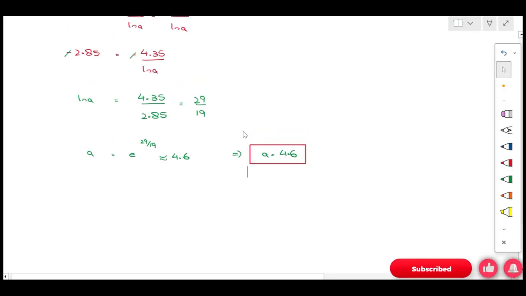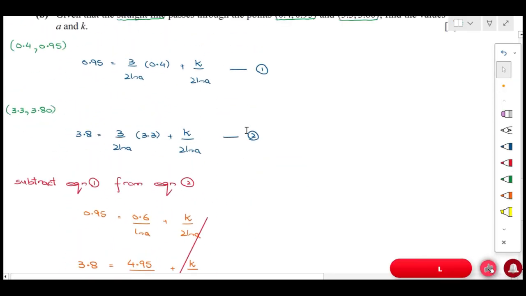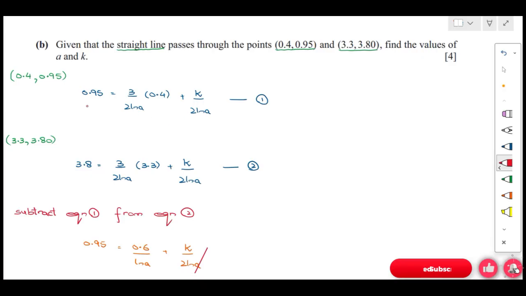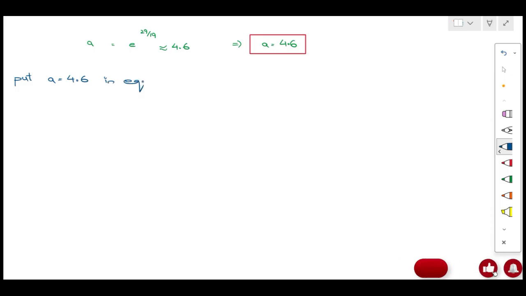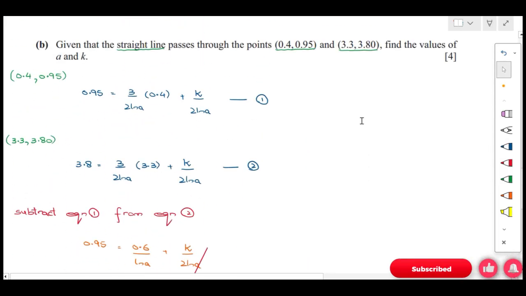Now in the same way we have to solve for k. Just substitute the a value into your first or second equation and solve for k. So here we put a equals 4.6 in equation 1.